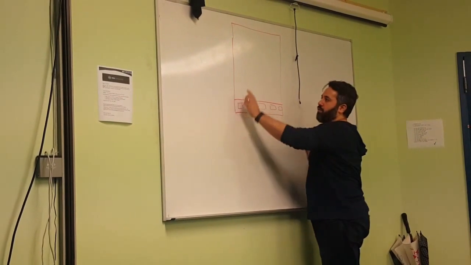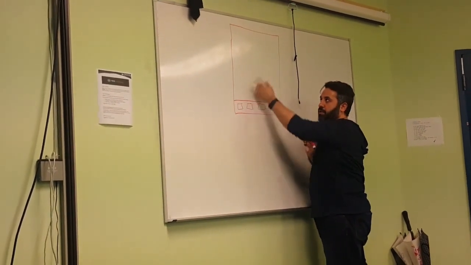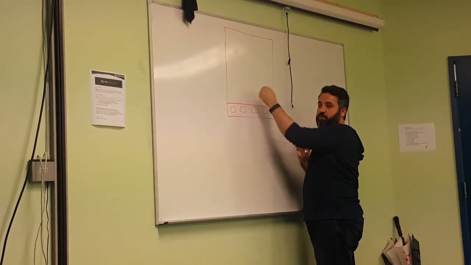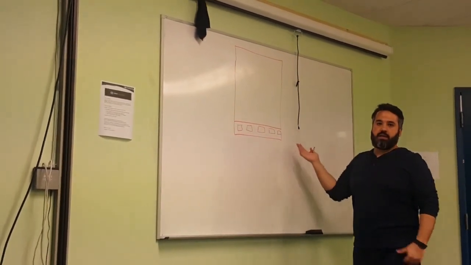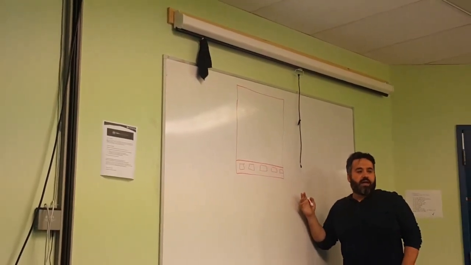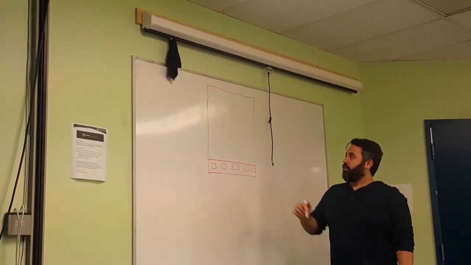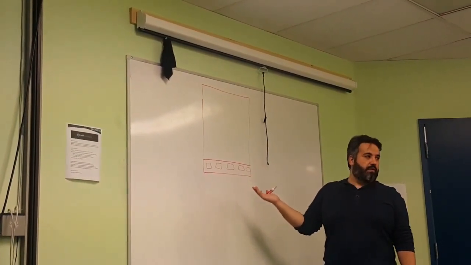If you tap on this one, then this page changes. Tap on this one, then the page changes again. It's a very common design, right? Yes, Facebook has it. Instagram, I guess, has it. So this is tab bar view controller.